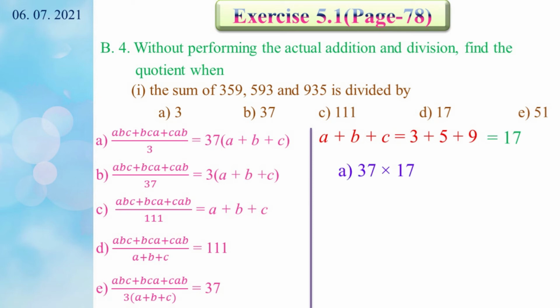Now substitute: 37 into (A + B + C) is 37 into 17, which will get 629. Next, 3 into (A + B + C) is 3 into 17, which is 51. Third, A + B + C is 17. D is 111 and E is 37.